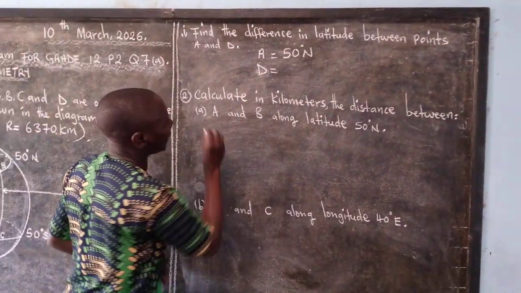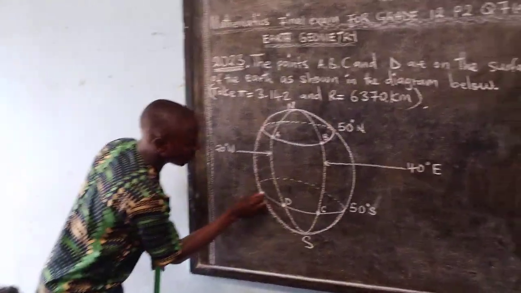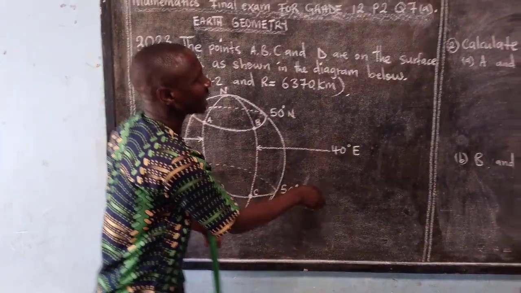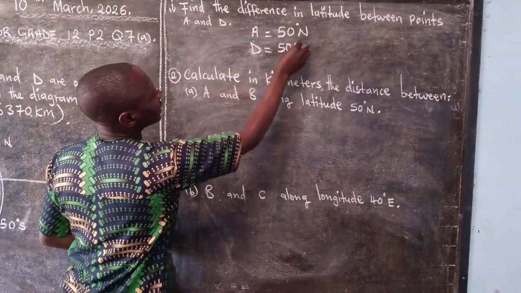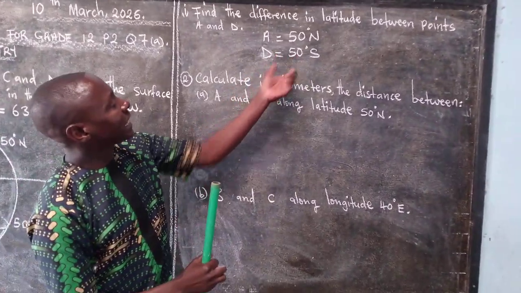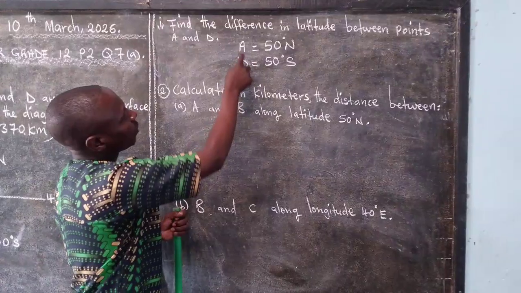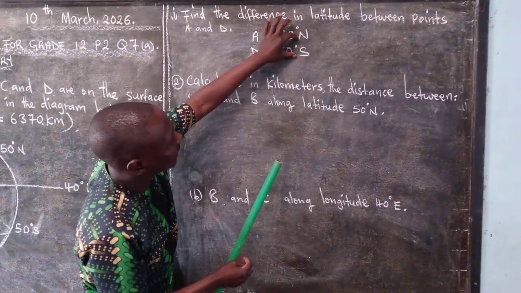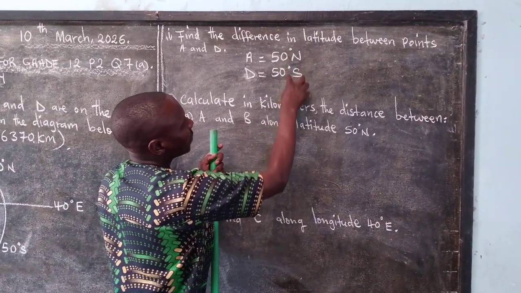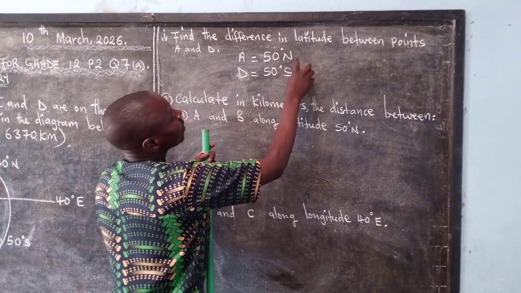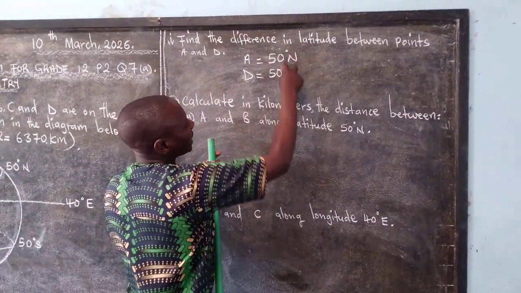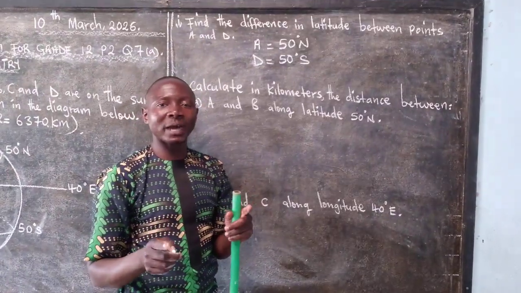On the question they're saying A and D, so let's put a D here. D is lying on which latitude? Let's check. This is the latitude, 50 degrees south. The rule says, when these two coordinates are lying on different hemispheres, north and south, you need to add.